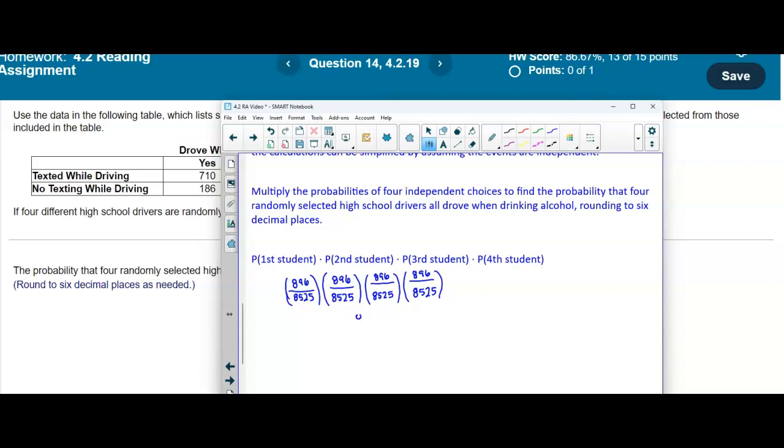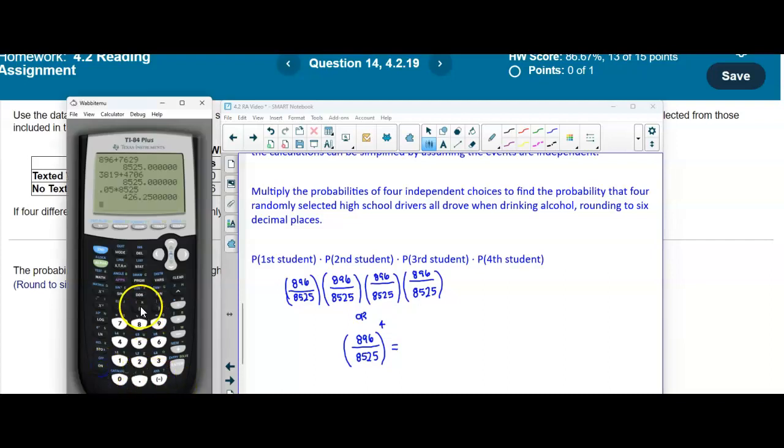Okay, another way that we can write this is 896 divided by 8,525, to the 4th power since we're multiplying it 4 times. So let's go ahead and do that in our calculator. We're going to say parentheses 896, and then we're dividing that by 8,525, and then we're going to raise it to the power of 4 to get this result.